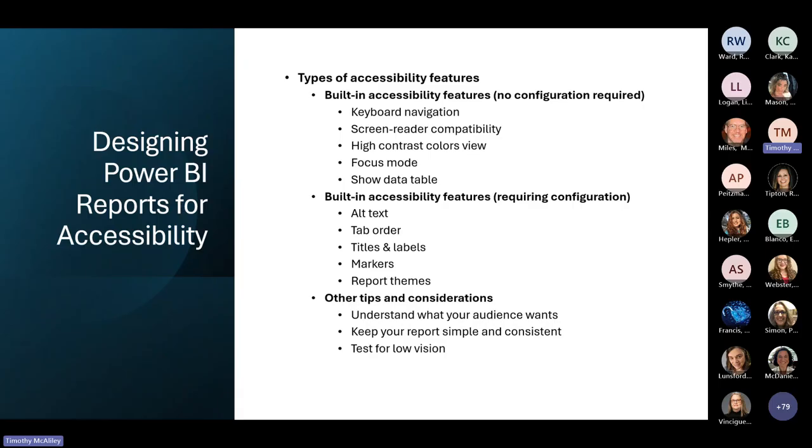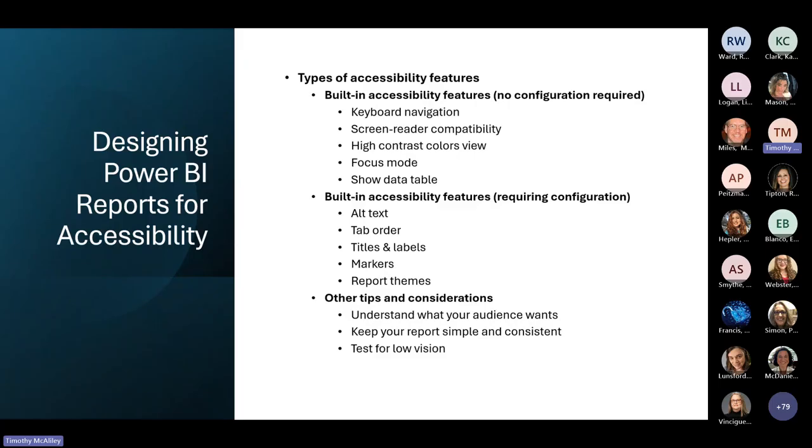For accessibility where you don't have any configuration required, you can set up things for keyboard navigation and screen reader compatibility. There are modes for high contrast colors. There's focus mode, where you might have 5 visualizations on a report, but you can go focus mode on a specific visualization and it'll blow that visualization up to take up the entire screen and then maybe show a small bit of tabular data underneath at the bottom.